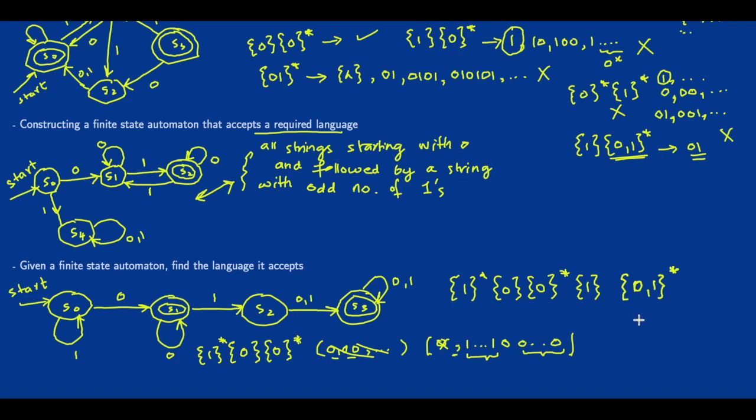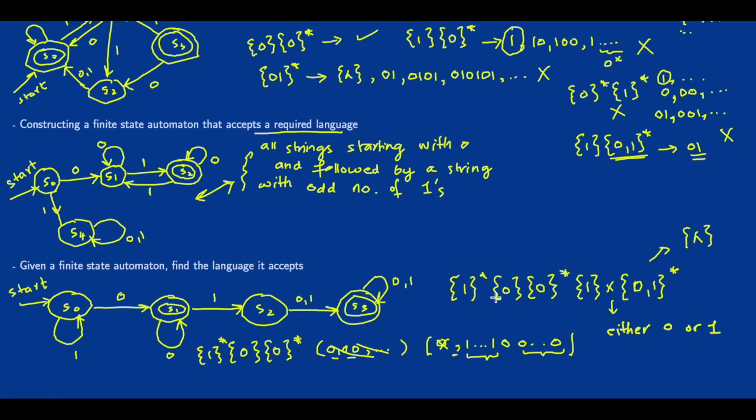But there's a problem. This also includes an empty string, and if I am here with an empty string and nothing comes, then I'm staying here. So I have to say x here, where x is either 0 or 1.